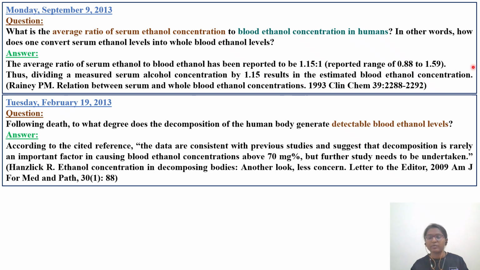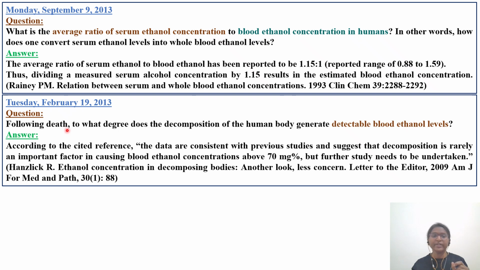The range is 0.88 to 1.59. Dividing a measured serum alcohol concentration by this 1.15 results in the estimated blood ethanol concentration. Okay, this is very important.